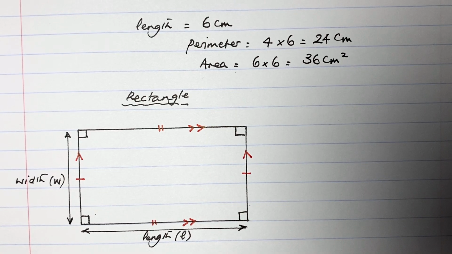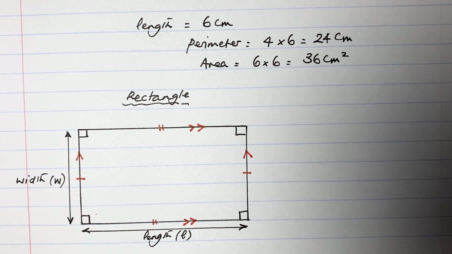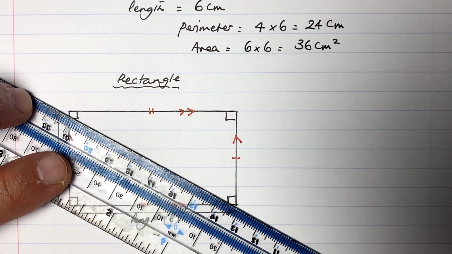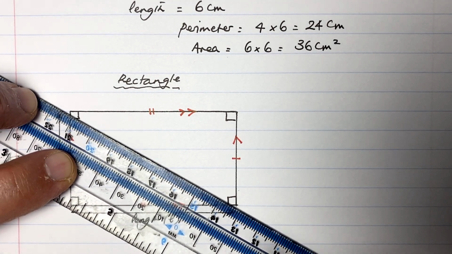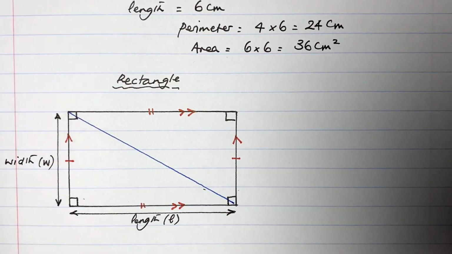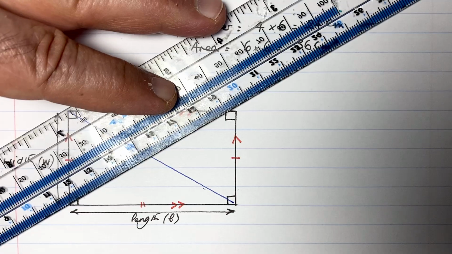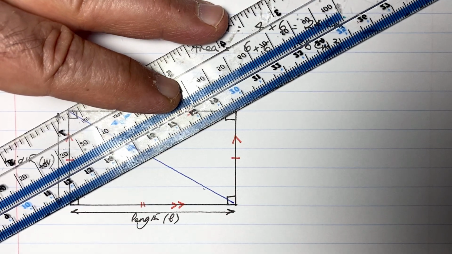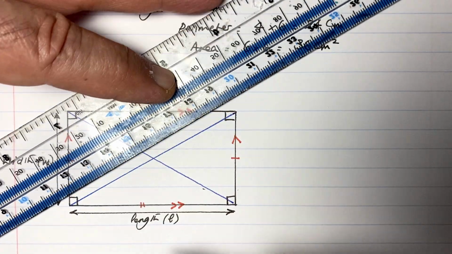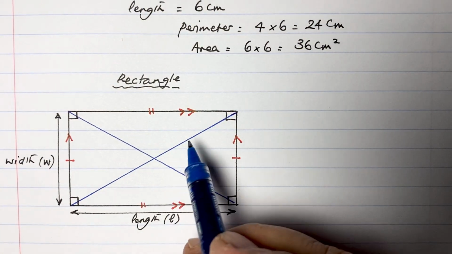Now, let's draw the diagonals. Joining the 2 opposite corners, you will see that the lengths of the diagonals are the same, very similar to the square. And they halve each other.